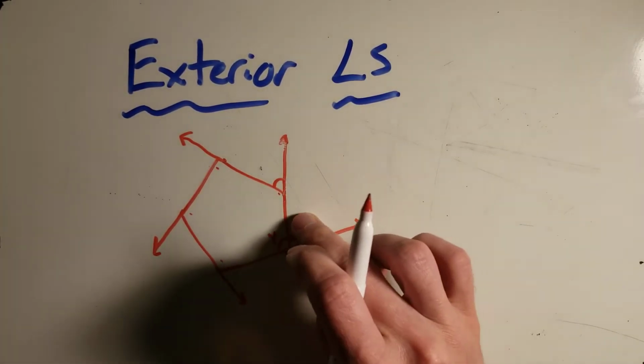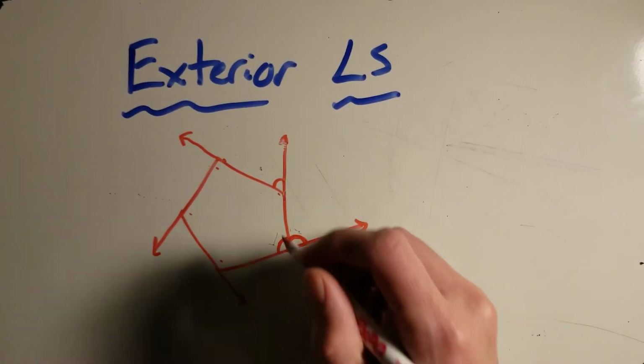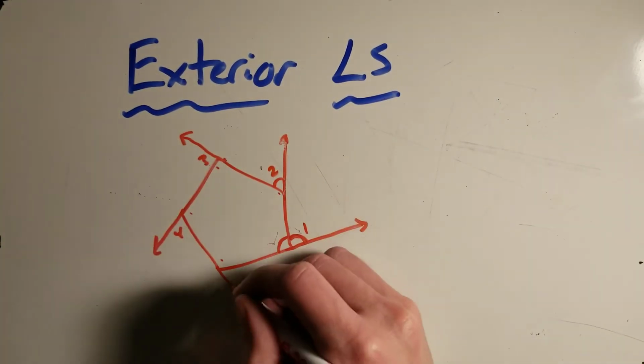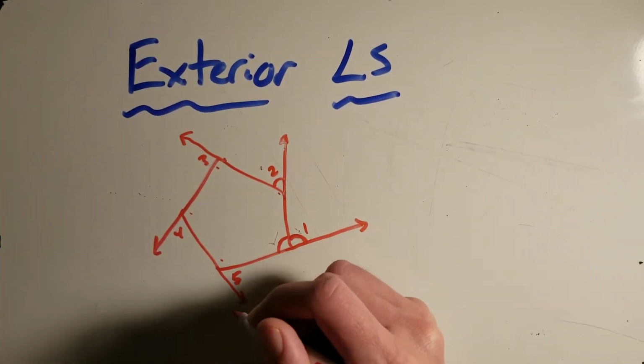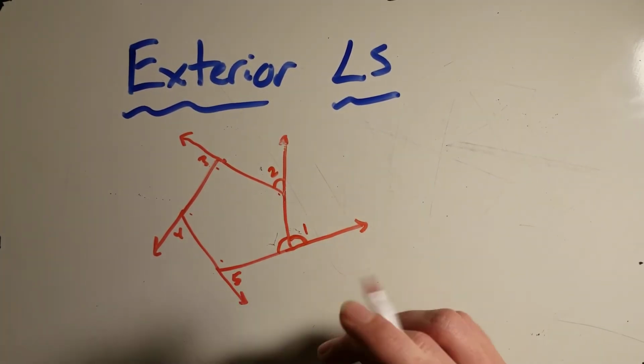Another really special property, we'll stick with a pentagon, is let's say we number the angles 1, 2, 3, 4, and 5. This property is true in all polygons as well, not just pentagons.